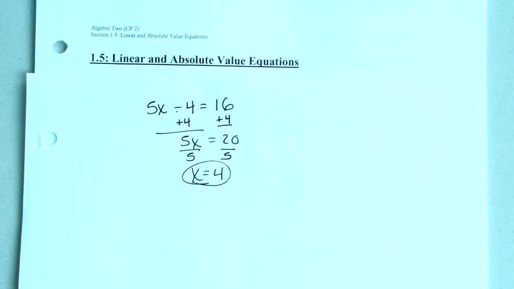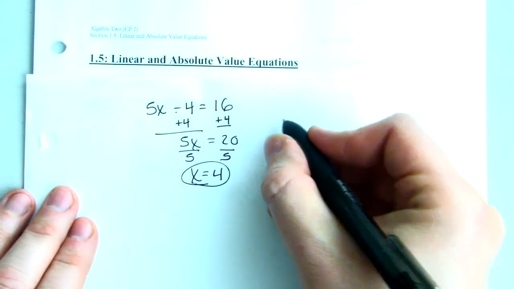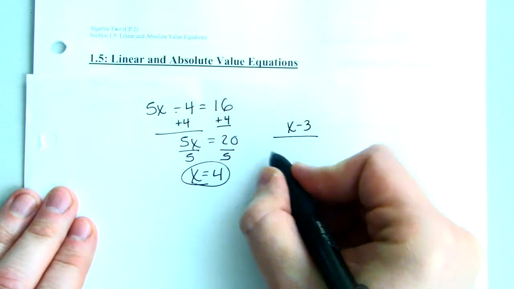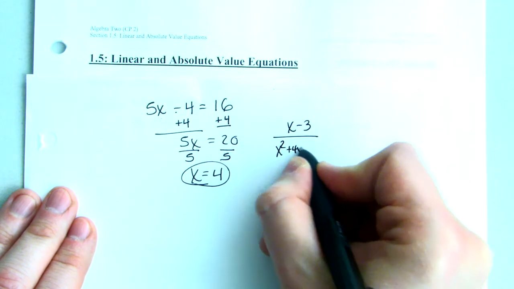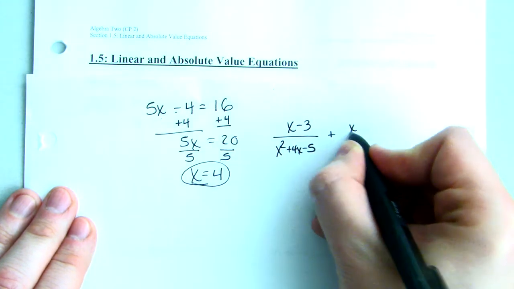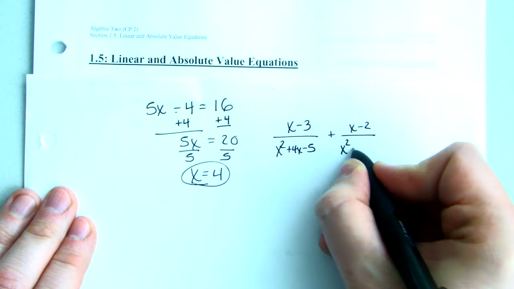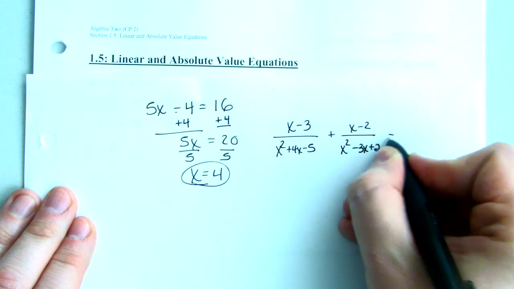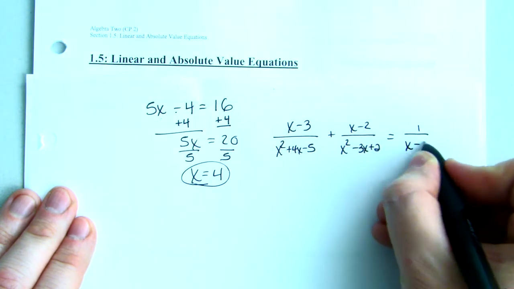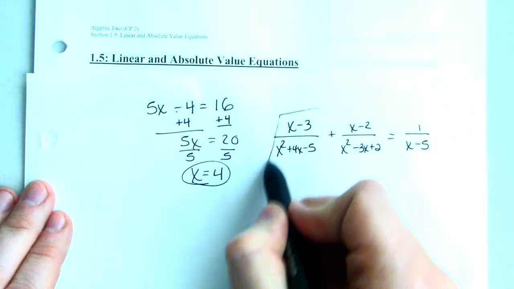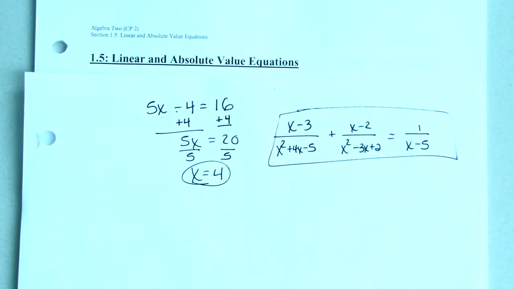But I'm going to be really picky when it comes to showing the work, because if we start getting into really good habits here, solving equations like this, when we get into more complicated equations like x minus 3 over x squared plus 4x minus 5 plus x minus 2 over x squared minus 3x plus 2 equals 1 over x minus 5, something like this isn't going to be a huge deal because we're so used to understanding the logic behind how one line becomes something else.